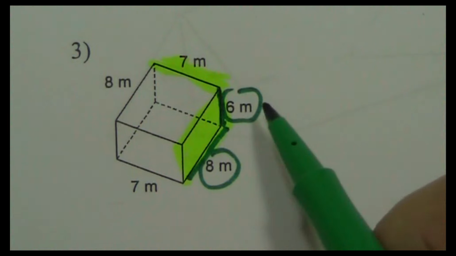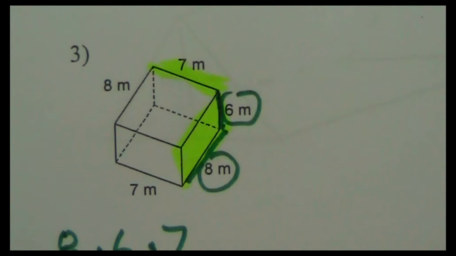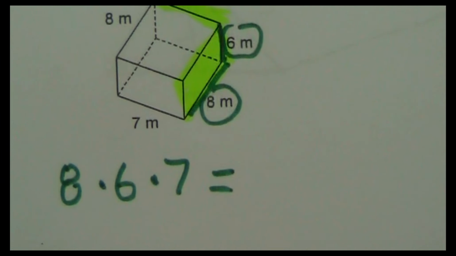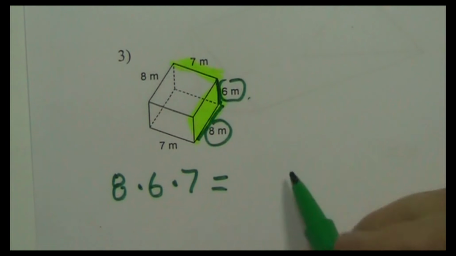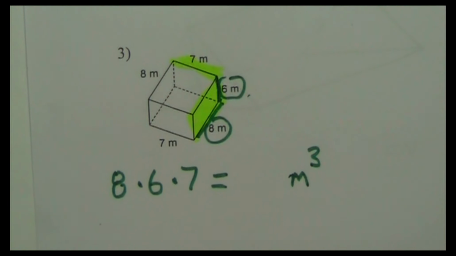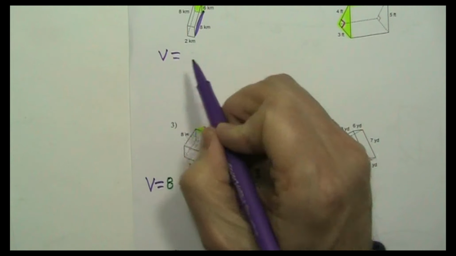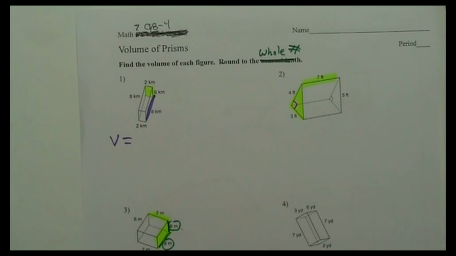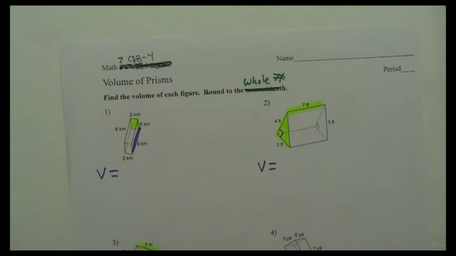So you have 8 times 6 times 7. Okay. And then don't forget that it's in meters, meters squared. Cubed, I'm sorry, meters cubed. And remember, you're trying to figure out what volume is. What is the volume of this? Okay, I'll let you go ahead and work on those. And remember, just round off to the nearest whole number.